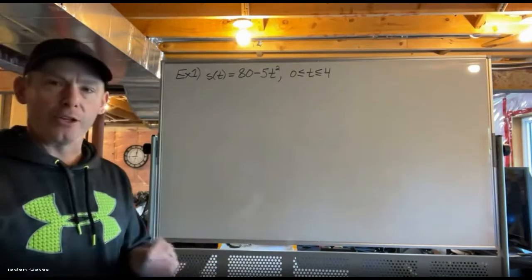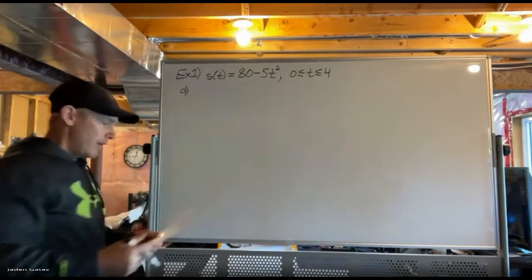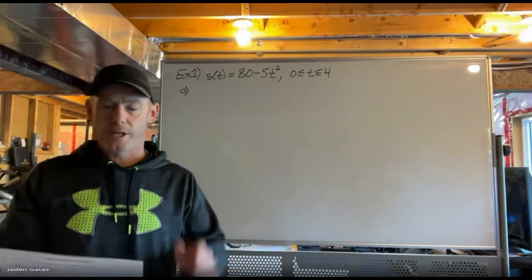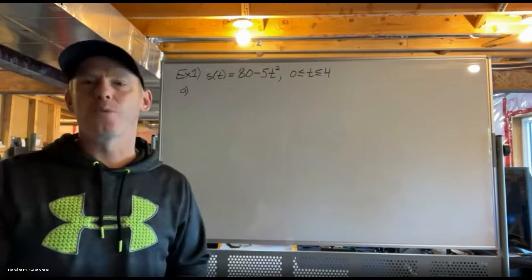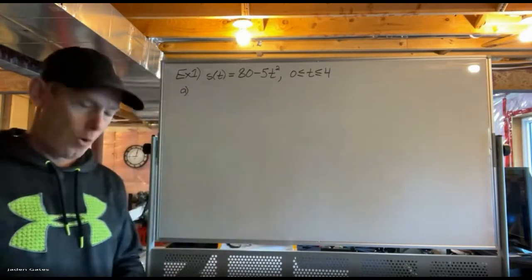Now we get to A on the sheet. And A is calculate the average velocity of the pebble between 1 and 3 seconds. See the wording there, average velocity. So that just means we're finding the slope of our secant line, which we did last class and which I did for the homework check.